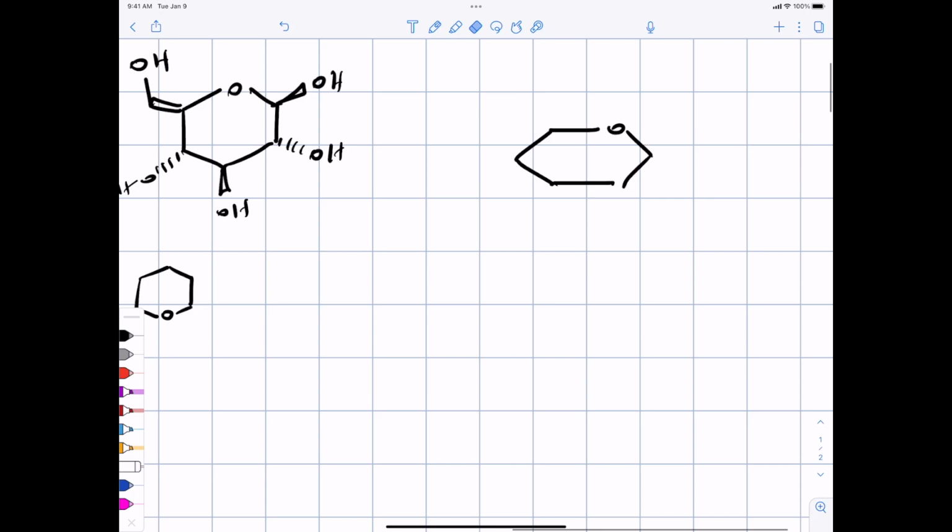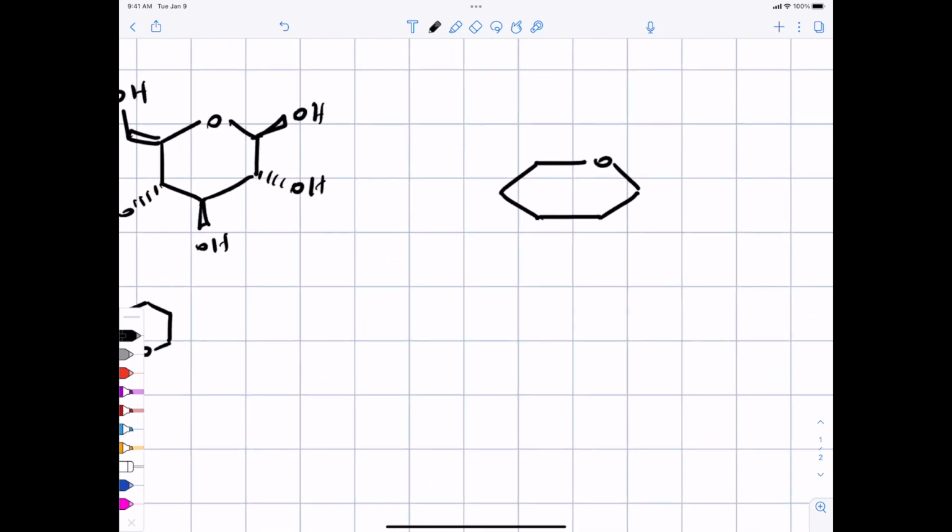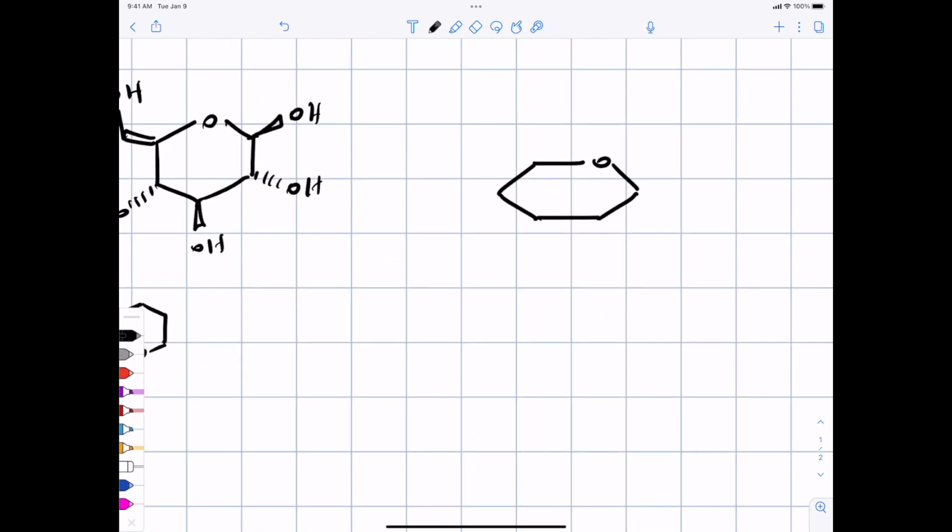Whatever the name of the projection is, it's scarcely worth a name, because you draw the six-membered ring in a way that only gives you the idea that it's a six-membered ring and not its actual shape. For groups pointing upward, you draw a line straight upward. For groups pointing downward, you draw a line straight downward. That does not look like a tetrahedral sp3 hybridized carbon, but it is a common way of showing the sugar structure.